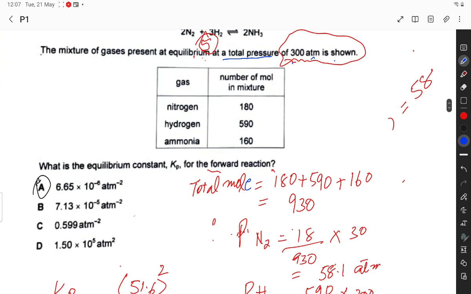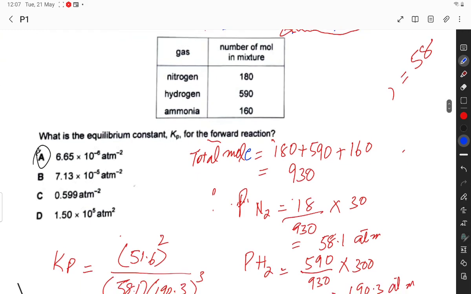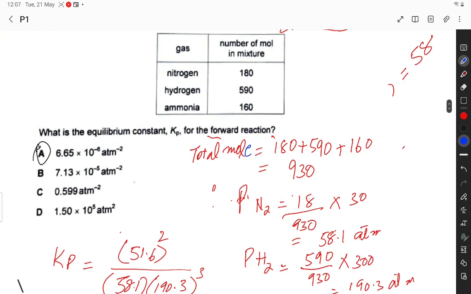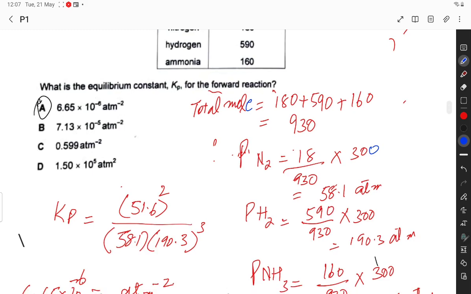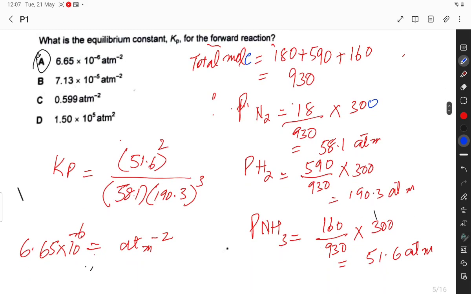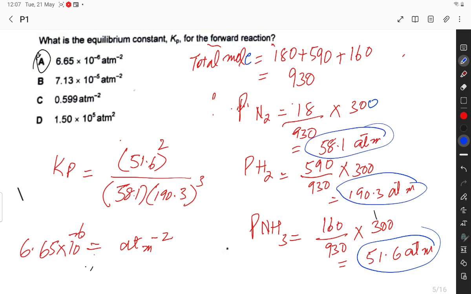So the total moles of this reaction is 930, and the partial pressure of N2 is 18 over 930 into 300, which is equal to 58.1 atmospheres. The partial pressure of hydrogen is 590 over 930 into 300, which is equal to 190. Similarly, the partial pressure of ammonia is 160 over 930 into 300, which is equal to 51.6.